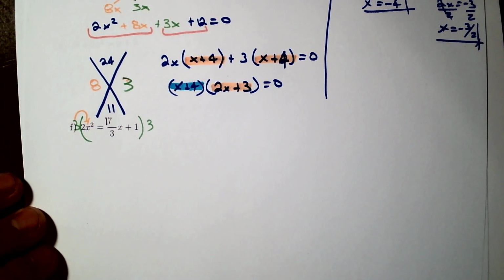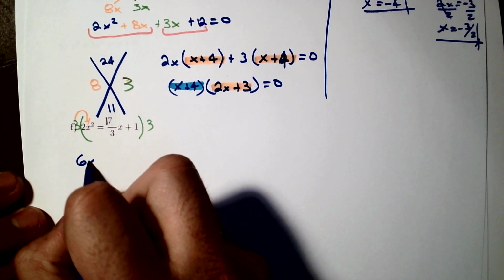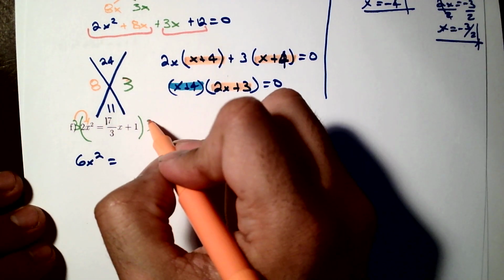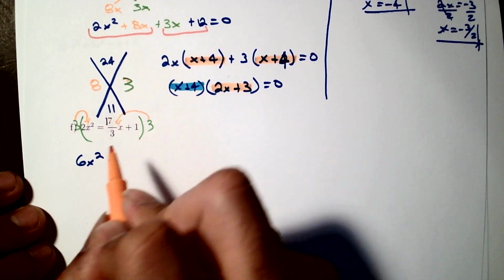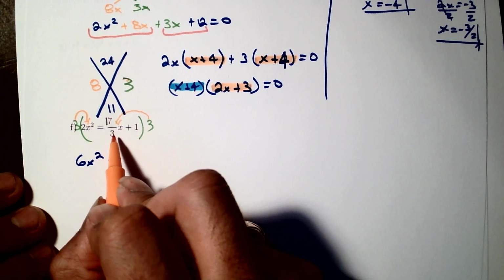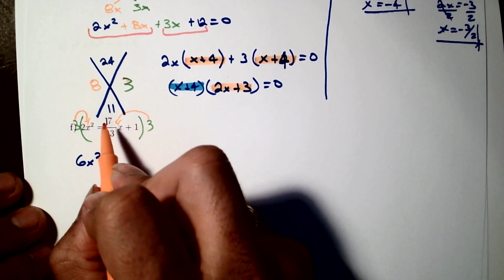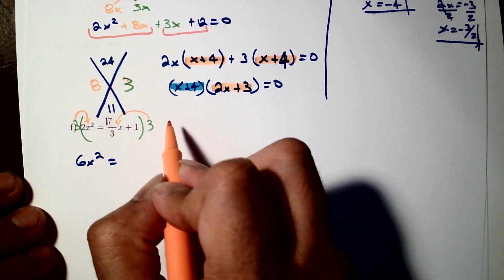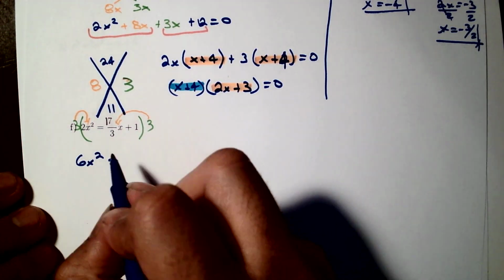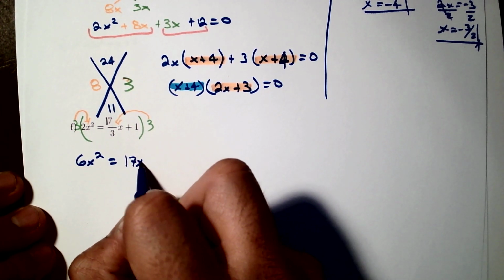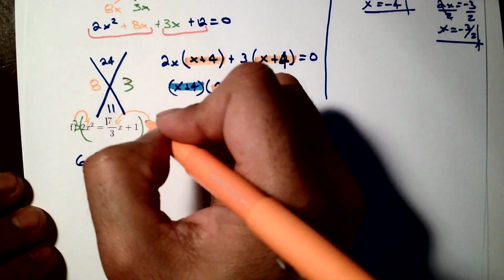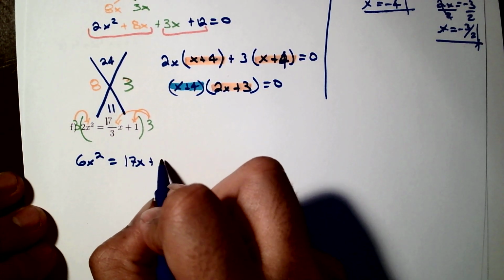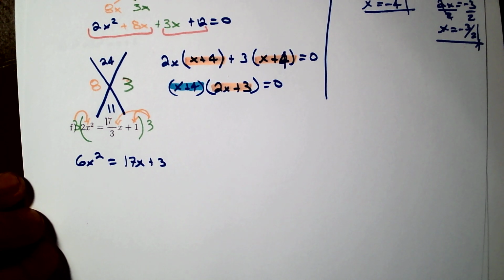That's going to give me 6x squared equals, when we distribute the 3 on the first term of the right hand side, 3 times 17x over 3, those 3's are going to get cancelled. So that's just going to give us 17x. And last but not least, 3 times 1, which equals 3. All right.